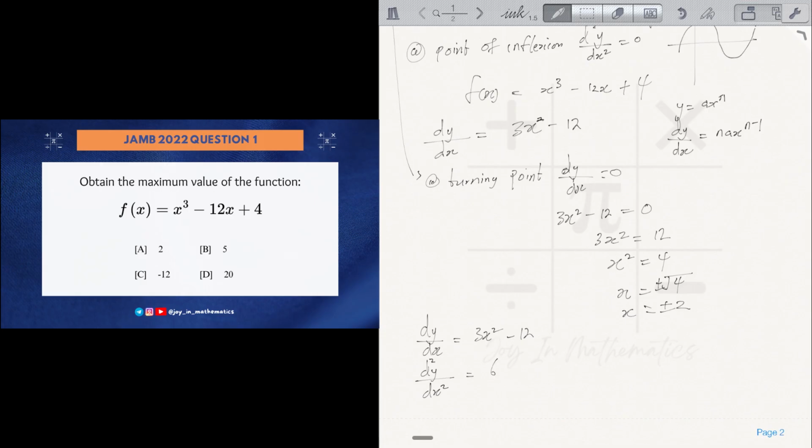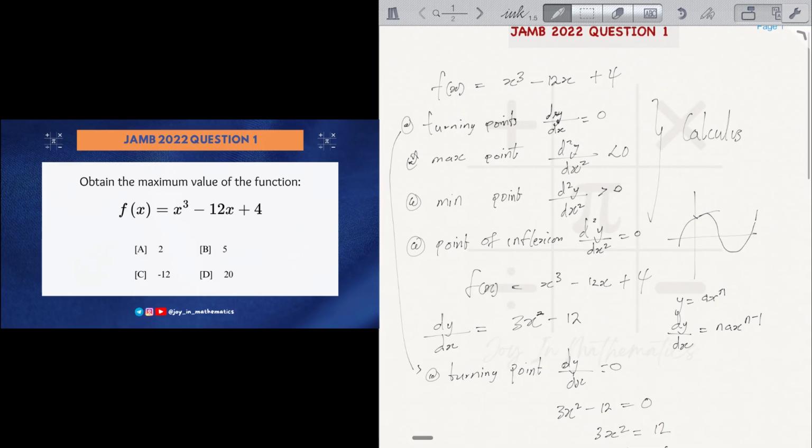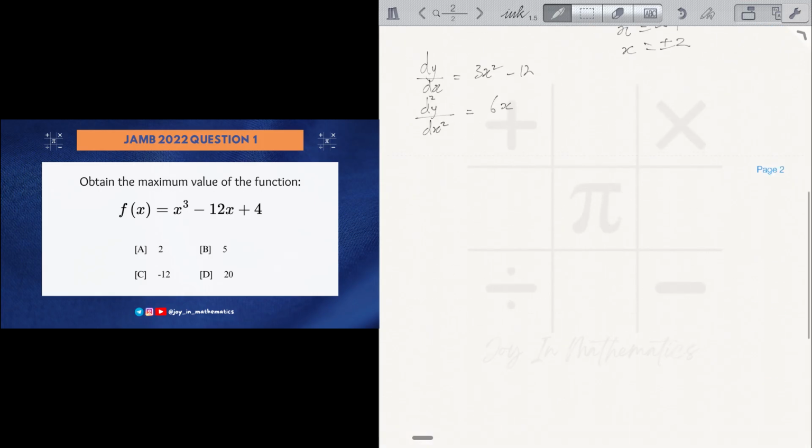Now we want to evaluate maximum point and minimum point. Remember that at maximum point d squared y/dx squared is less than 0, and at minimum point d squared y/dx squared is greater than 0. So we have two values, x is equal to plus 2 and x is equal to minus 2.